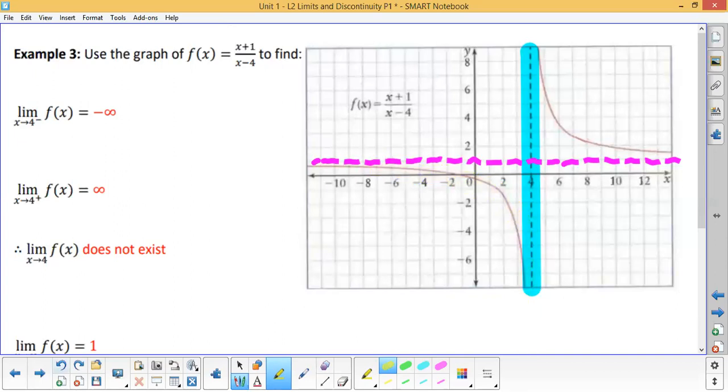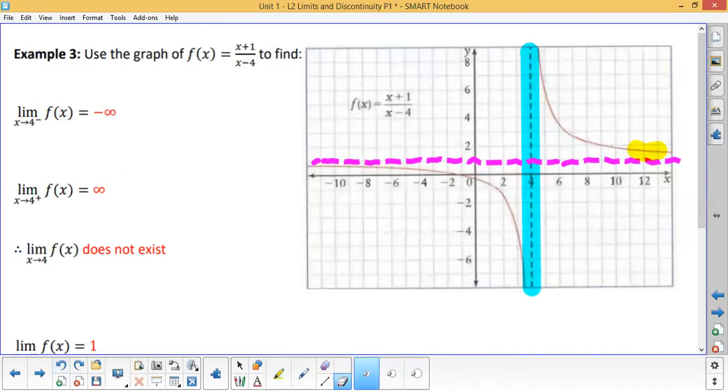When I do the same as I'm approaching from the right, I am going to be approaching positive infinity. This is going to keep going up and up and up forever and ever. So at x is equal to 4, this is not for the entire function, but at x is equal to 4, the limit does not exist because obviously negative infinity is not the same as positive infinity.